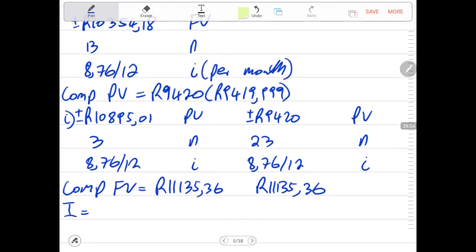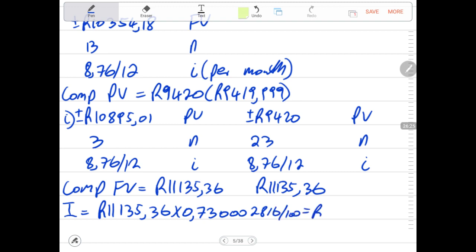In other words, we can just say 11,135 rand 36 cents times by 0.732814 divided by 100. This should give you the interest that is earned for the period.